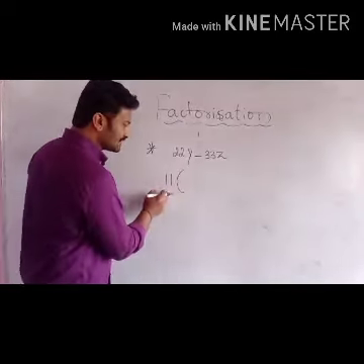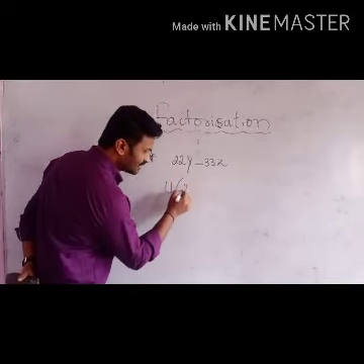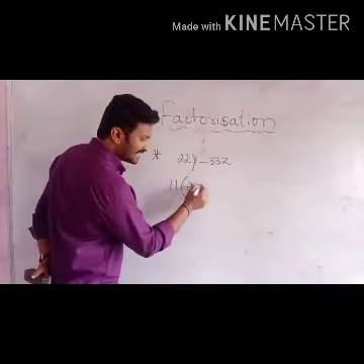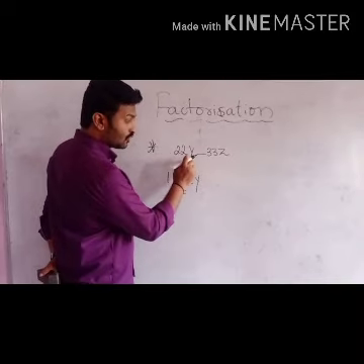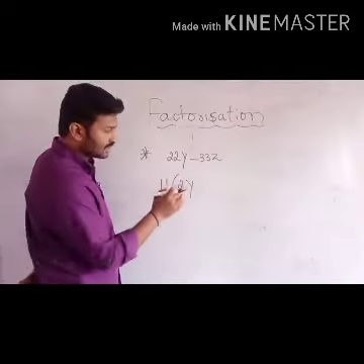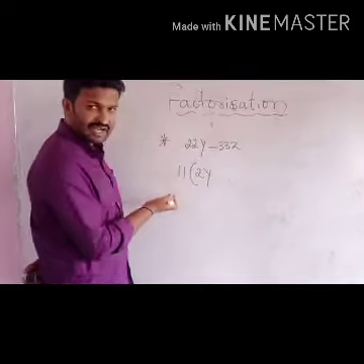I'll take 11 outside, and 11 twos are 22. A common variable is not there, so we cannot take z or y common outside.